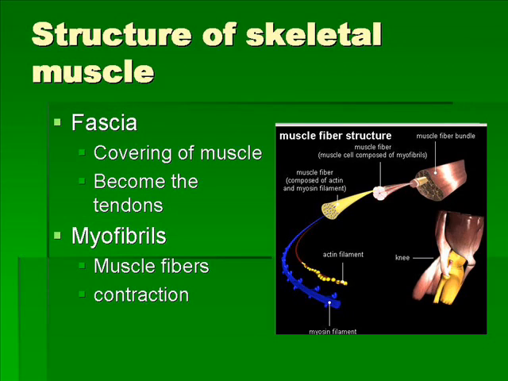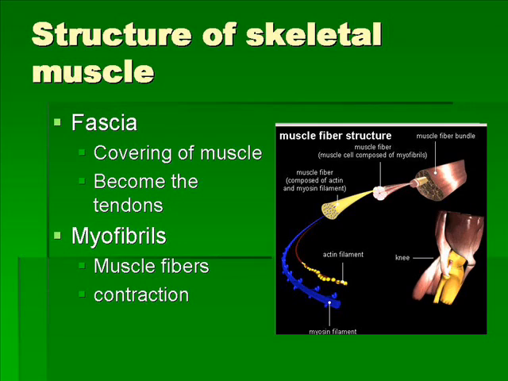Alright, now moving on to the actual structures of skeletal muscle. Now I say skeletal muscle specifically because this first structure, the fascia, is only in skeletal muscles. And if you look at what it becomes, the fact that it becomes a tendon should be a dead giveaway that it's only involved with skeletal muscles. Because the tendons are necessary to hold the joints together, to stabilize the joints.